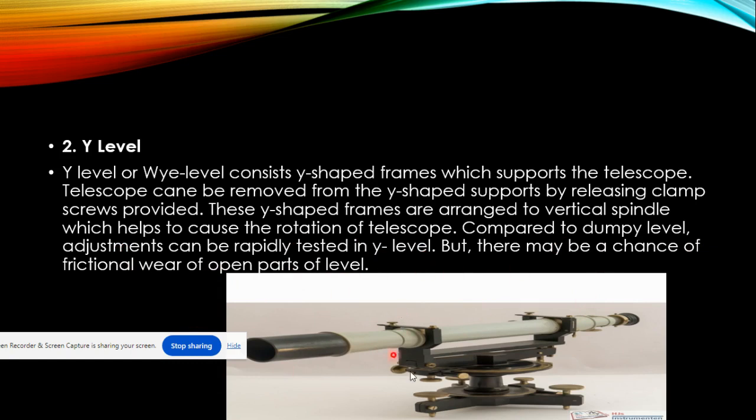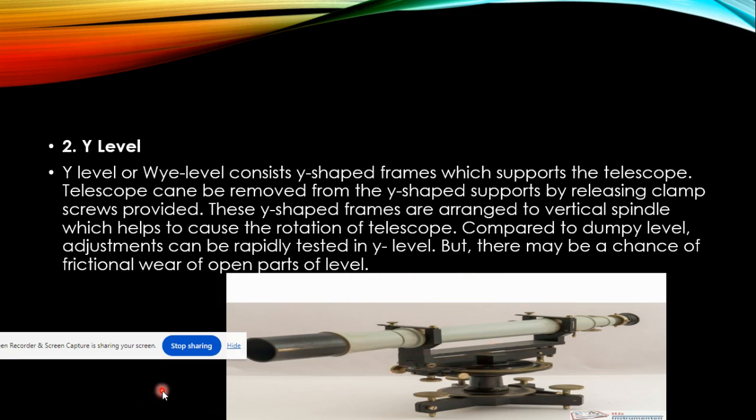So we said in a dumpy level, the telescope cannot be moved. It's fixed, but on this Y level, the telescope can be moved. The disadvantage of this feature is that it is prone to frictional wear and tear because the parts can be easily opened and removed.